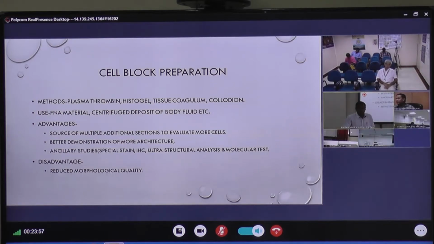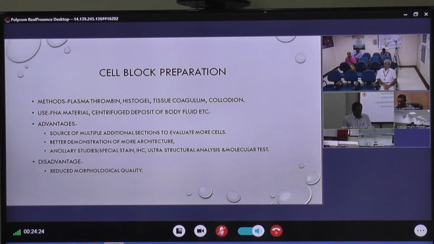There are many methods of forming cell pellets like plasma thrombin, histogel, tissue coagulum, collodion, etc. After getting the cell pellet, it can be submitted for routine processing as we do for a small biopsy sample, and subsequently formalin fixed paraffin embedded cell blocks can be prepared.